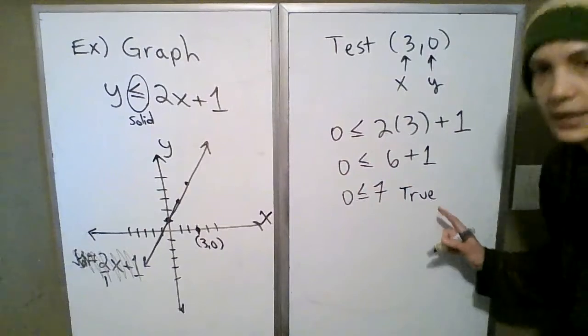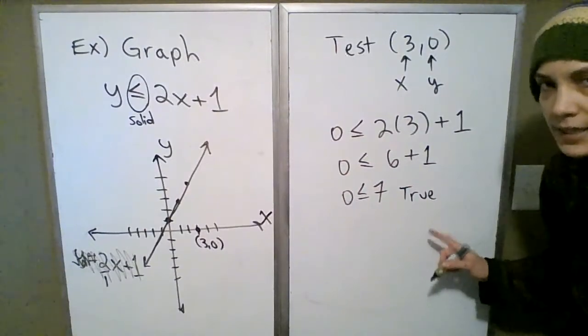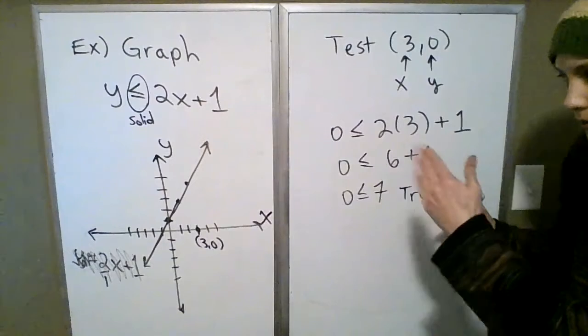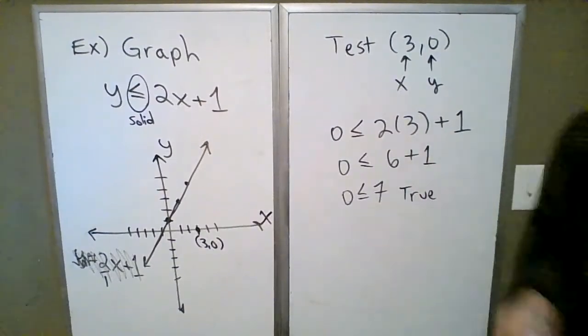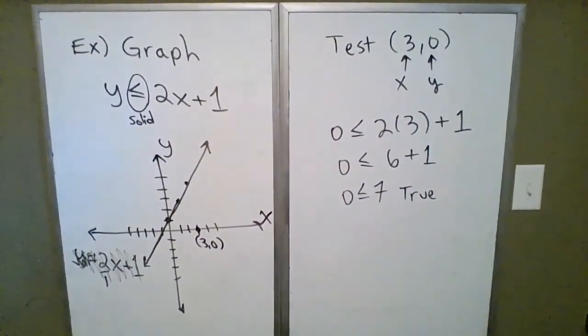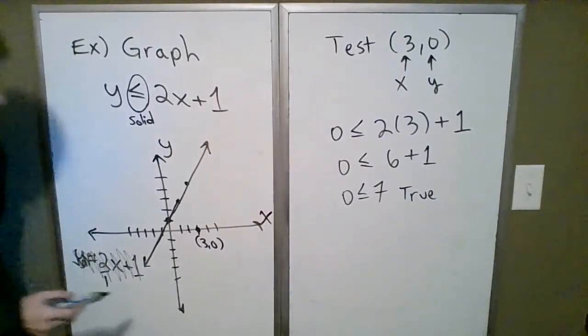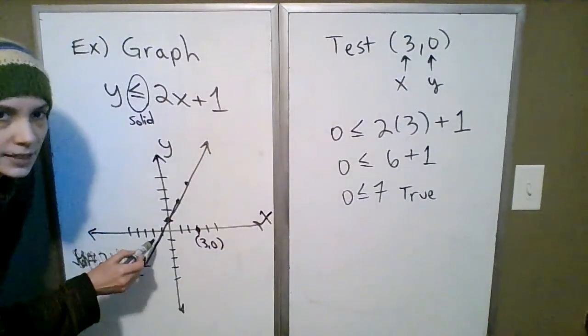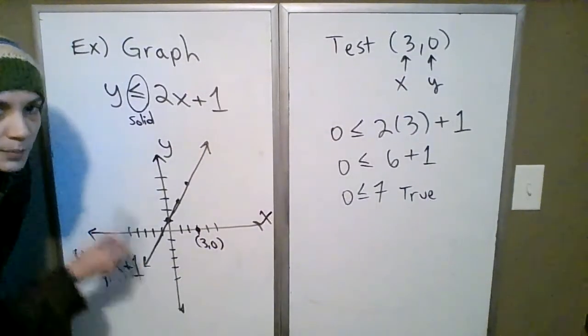So it turns out that I do want to shade on that side of the line. Again, I did find a solution, and it's on the side of the full solution section. And this time you can go up to the solid line because you can include these values, just not past.